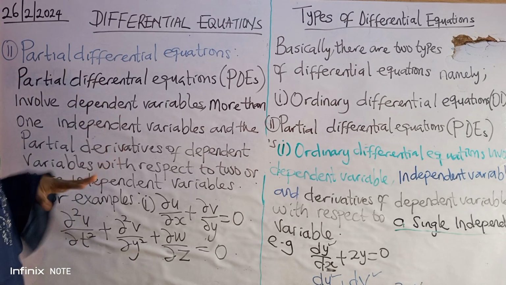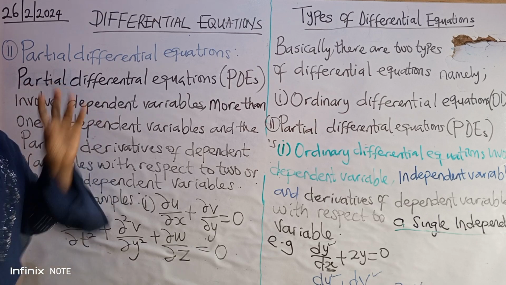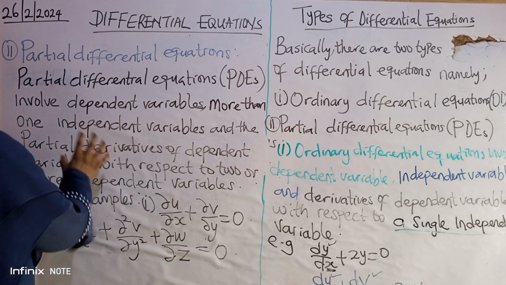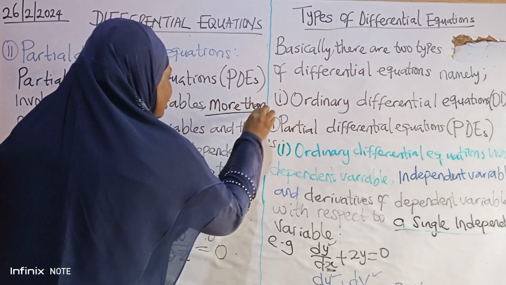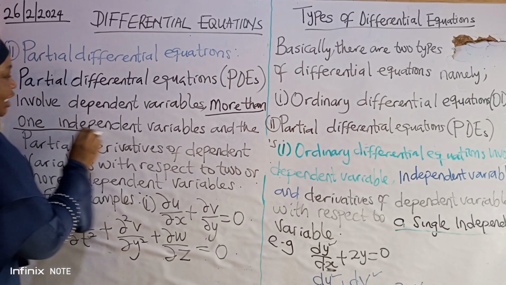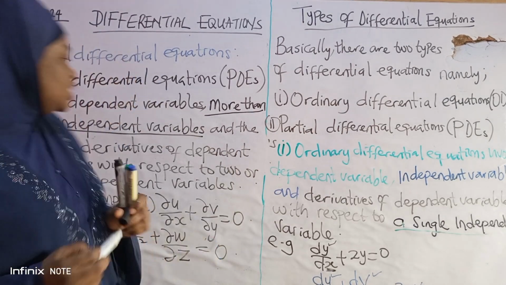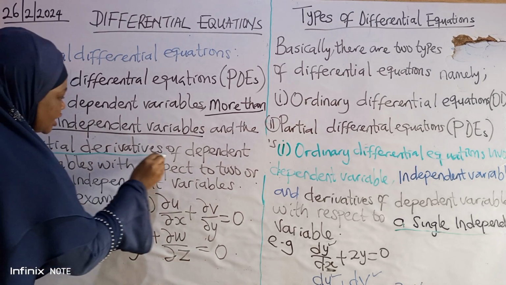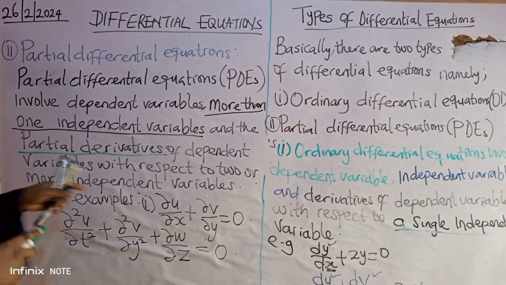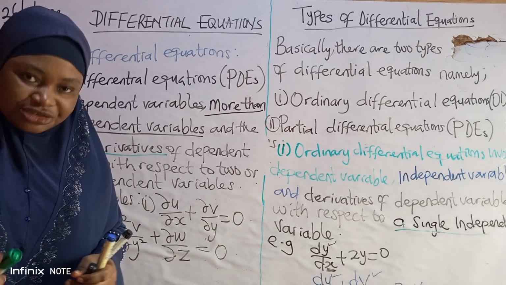While partial differential equations are any equations that involve dependent variables and two or more independent variables. Here, the independent variables are more than one. And take note, the partial derivative of dependent variables with respect to two or more independent variables.